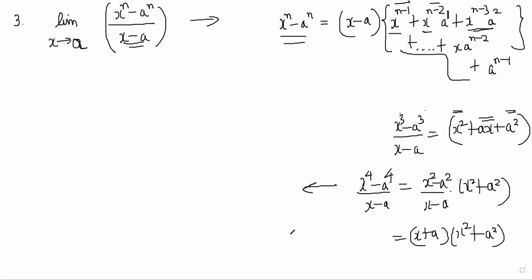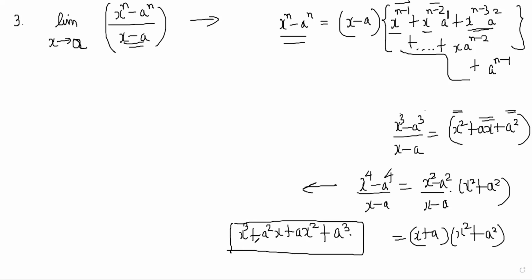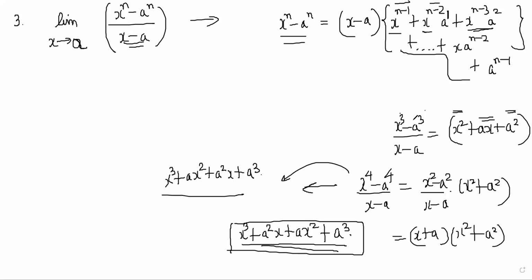If you do the calculations manually, you will get x^3 plus a^2 x plus a x^2 plus a^3. These are all the possible degree 3 terms. So this should have been x^3 plus a x^2 plus a^2 x plus a^3. That is what this formula will give me.